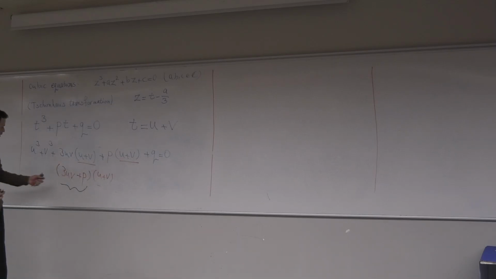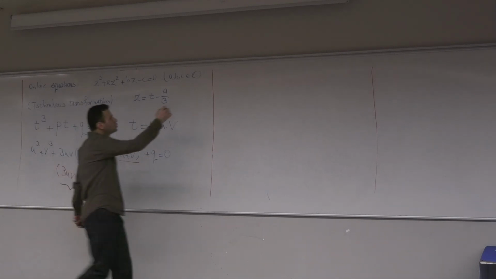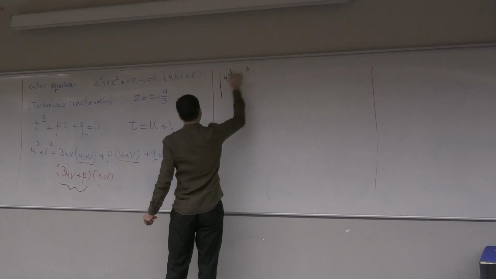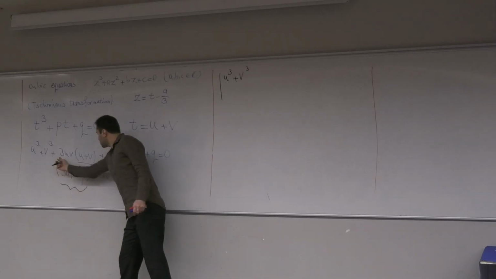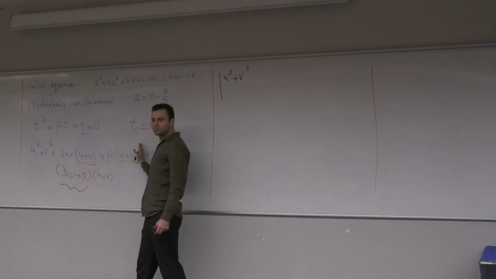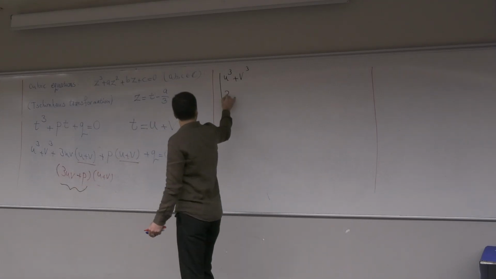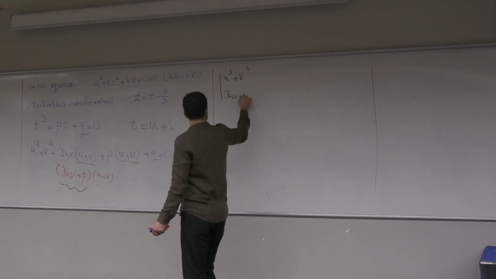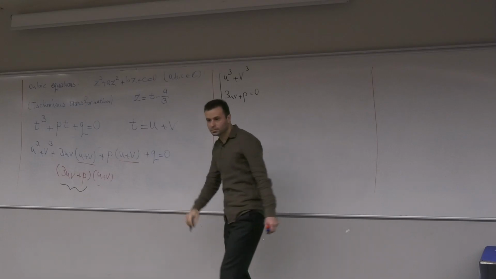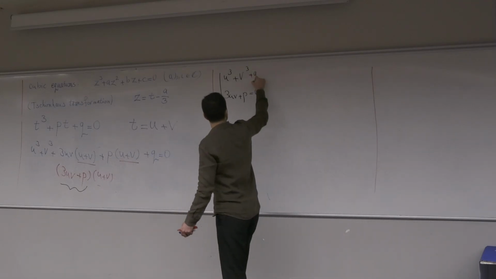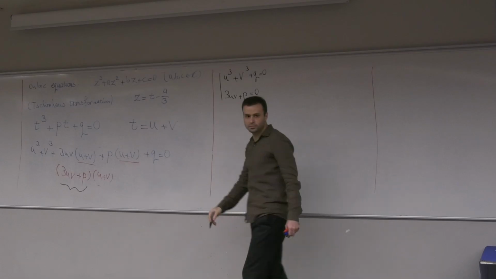And what will it be? It will be u to the power of 3 plus v to the power of 3. This term, this whole thing, is now gone. It is equal to 0 because we are assuming that 3uv plus p is equal to 0. Okay, this is our assumption. And we have plus q equal to 0.